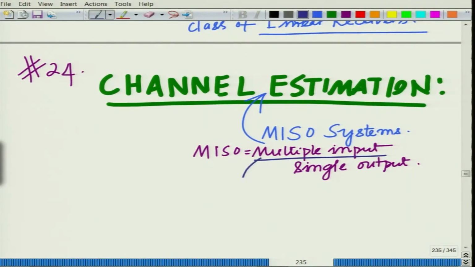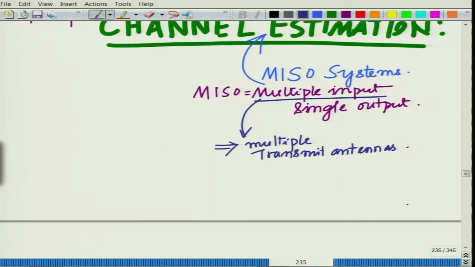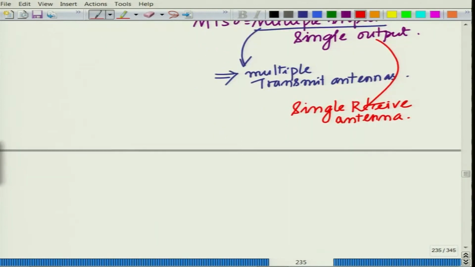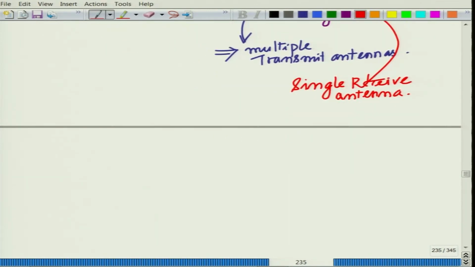So multiple input implies multiple transmit antennas and single output implies single receive antenna.